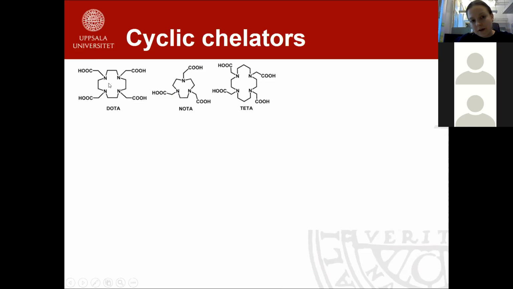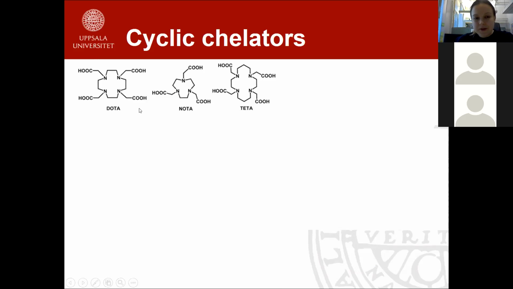And then the atom of the metal comes in the center of the cycle. And then usually there are carboxy groups. Some of them are used for chelation itself. They participate in the formation of the coordinate bond. And usually one of these carboxyl groups is used for attachment to the protein.